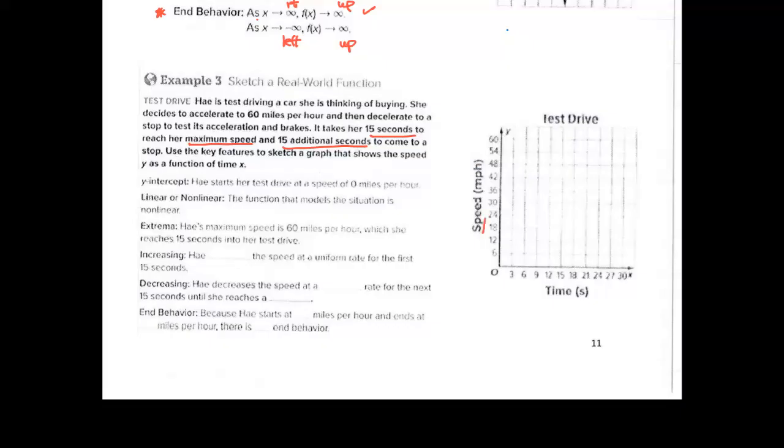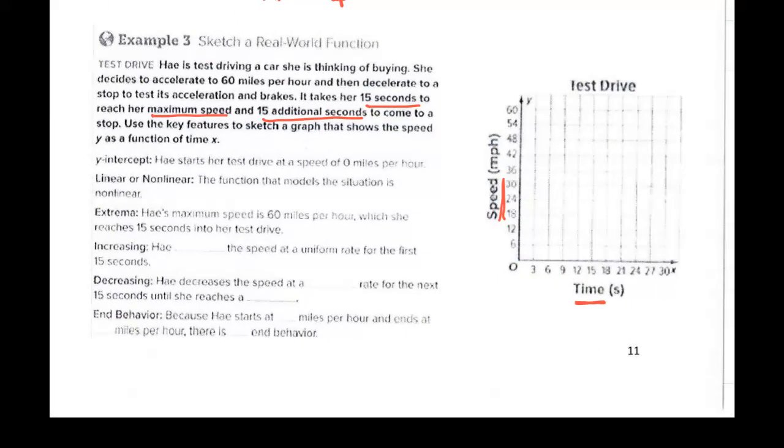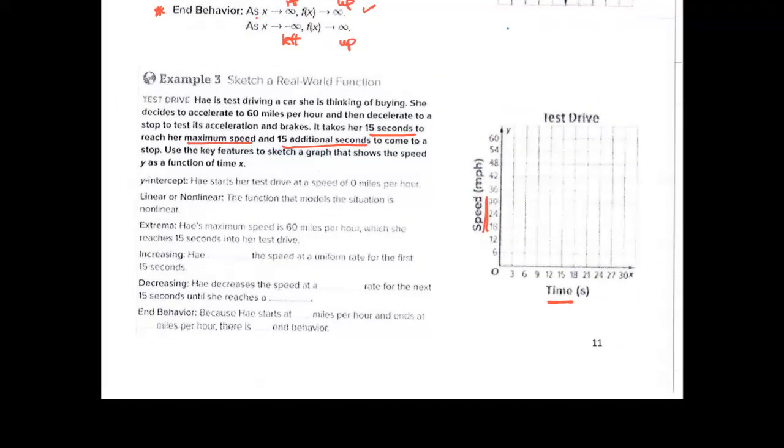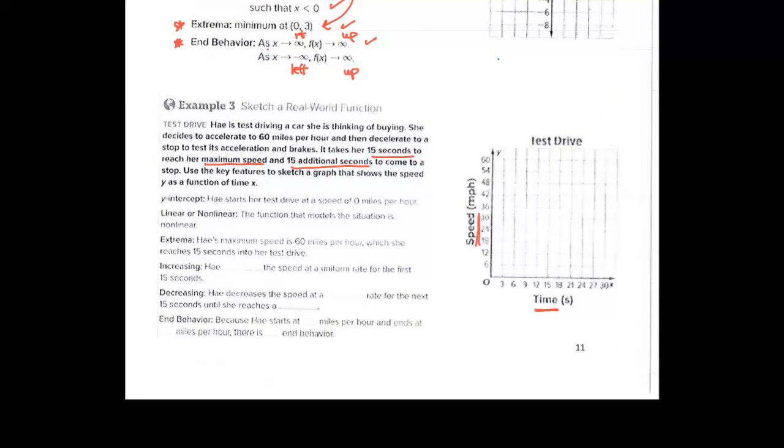So here's my speed on the y-axis. Here is time on the x. Almost always you will have time on your x-axis. Okay? So let's look for the important features. Y-intercept. Okay? That's one of the important ones.